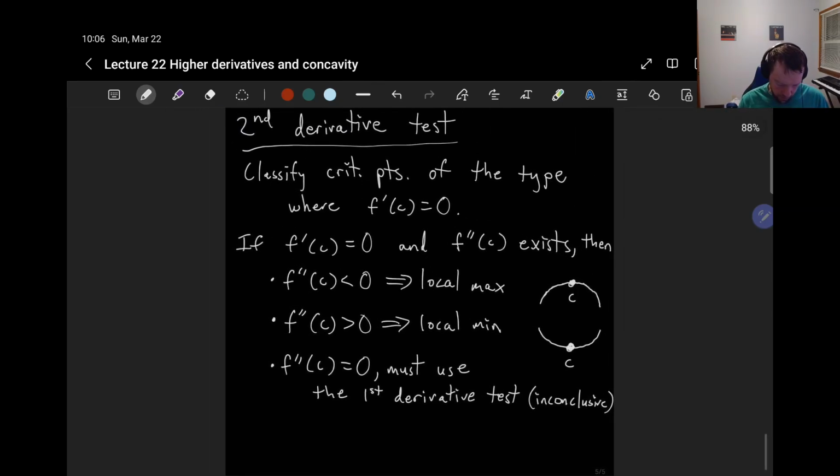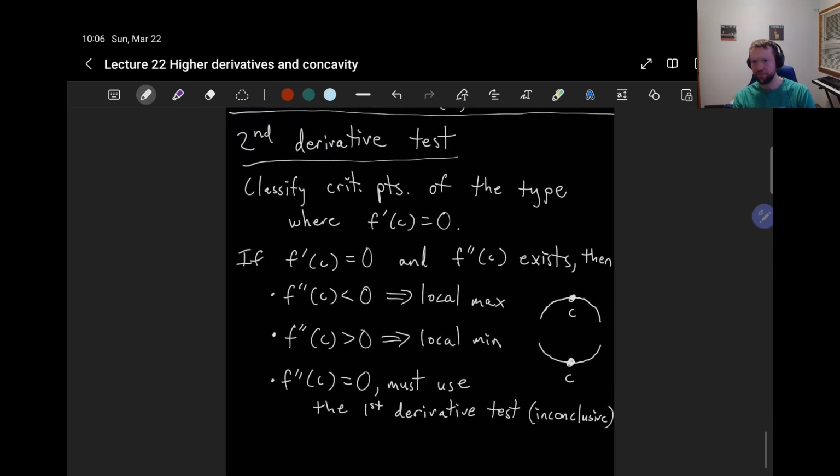Let's zoom out a bit. There, that's the second derivative test. So my assessment of this, I generally prefer the second derivative test over the first one. Most of the time it works out more nicely, but the downside is that this does not work in every situation. It only applies for this specific type of critical point, and if the second derivative is 0 there, then that also doesn't tell you anything.